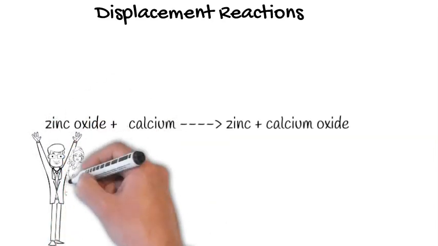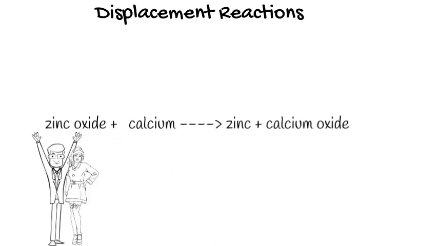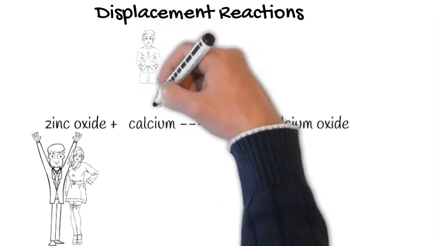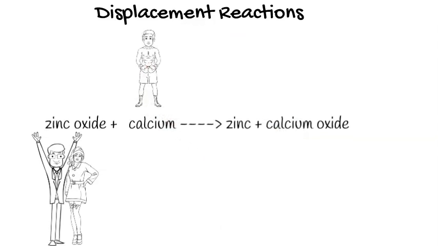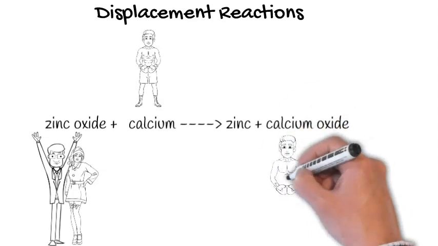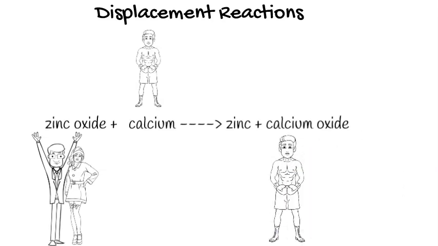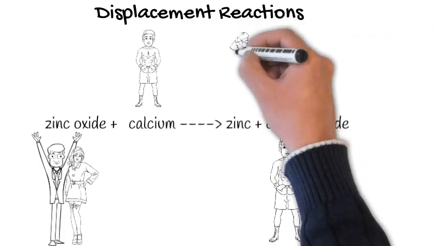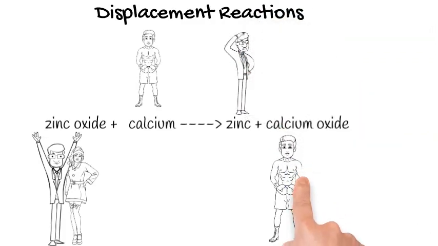Poor old zinc thinks he has the gorgeous girl oxygen, but then, yes, along comes calcium, and all his work in the gym and his incredible personality has obviously paid off, because calcium gets to kick away zinc, and he gets to bond with oxygen, and left all on his lonesome is poor old zinc.